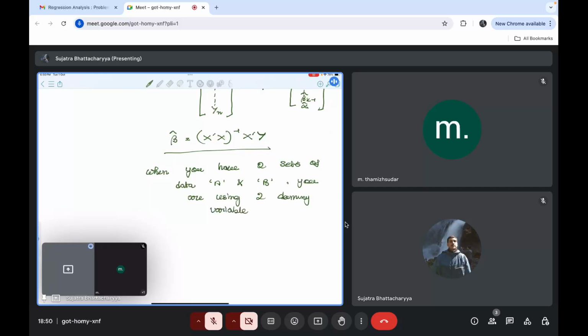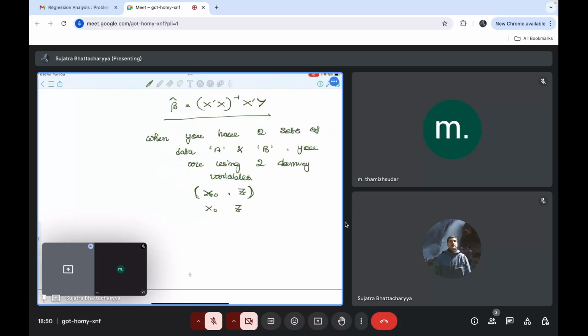What are those two dummy variables? One is x naught, another is z. These are the two dummy variables which you are using, where for x naught and z, you are putting x naught always 1 and z as 0 or 1. This for A, this is for B. This is what you are using.